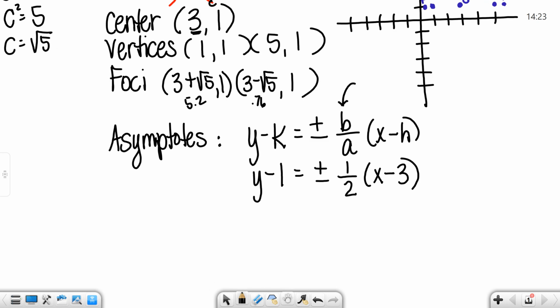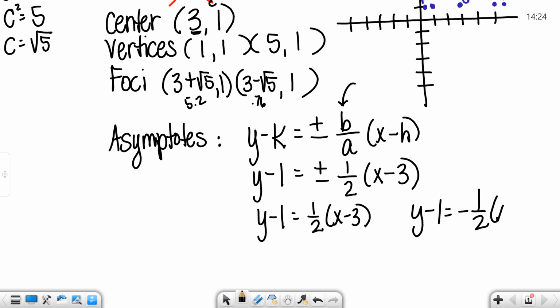Now, that's just 2 lines. All right, I'm going to simplify a little bit. So I end up with 2 equations. I have positive 1/2 times (x minus 3), and then I have a whole other equation that says negative 1/2 times (x minus 3). 2 separate equations, all right? That's what plus or minus means. All right, so I'm going to solve for y because that's how I like to graph lines.